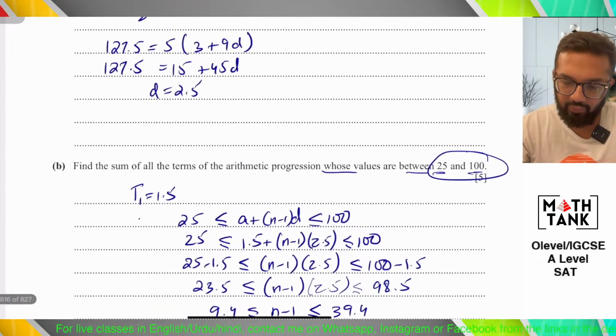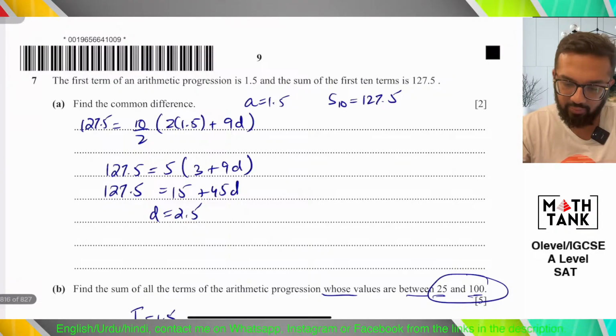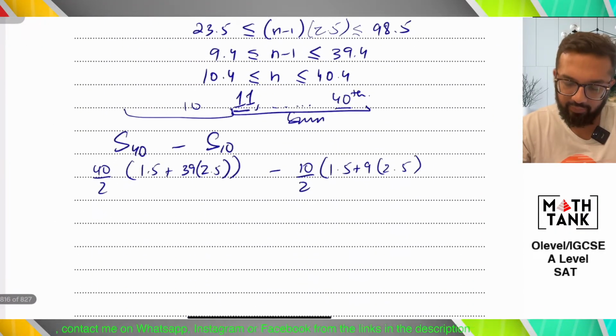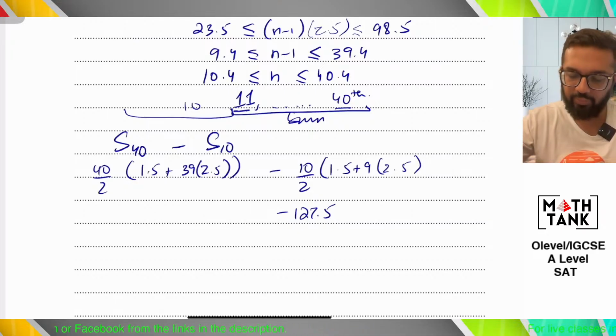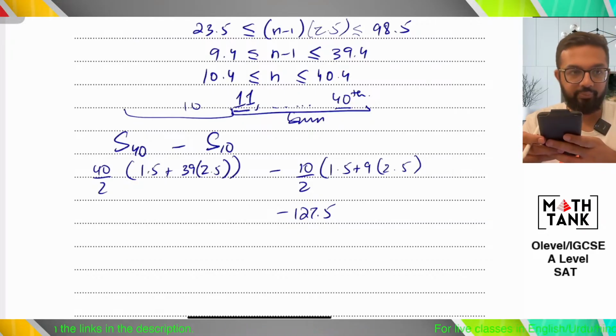The sum of the first 10 is 127.5. This is already provided to you. What you just needed to figure out was what was the first term.